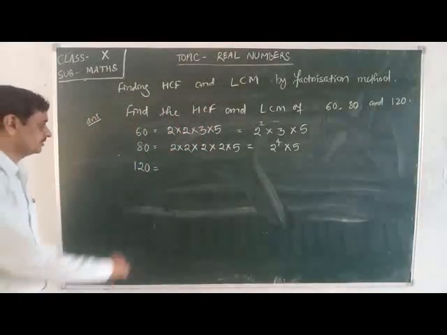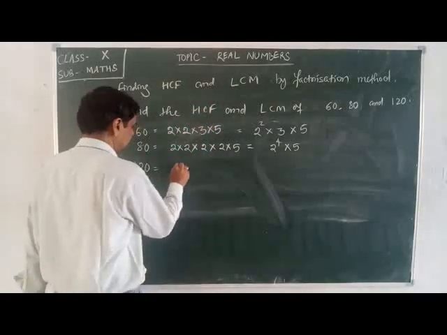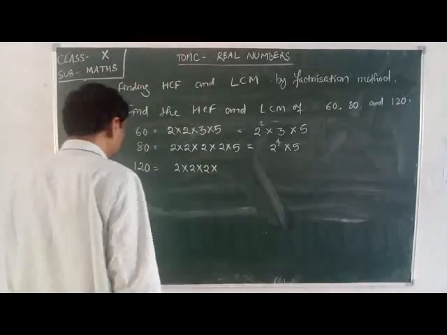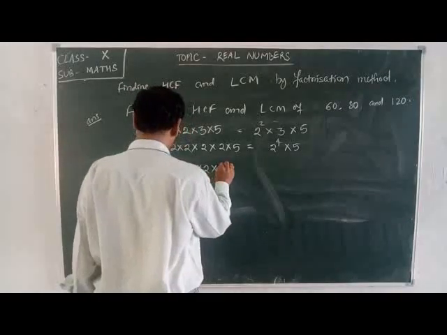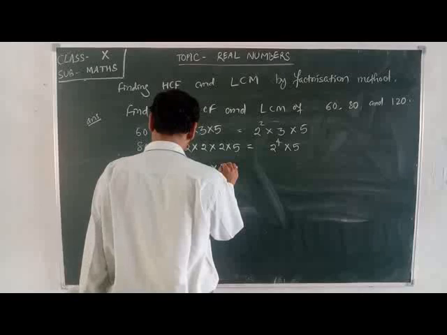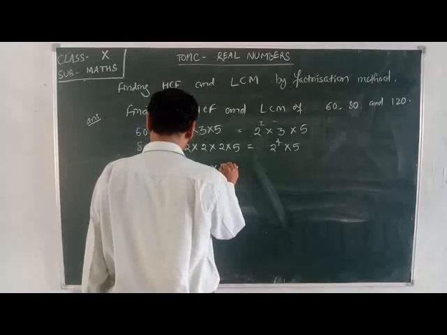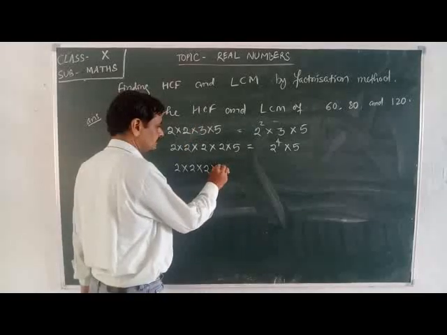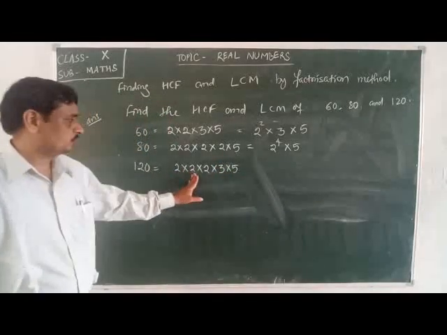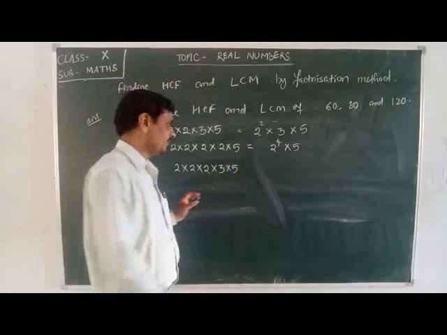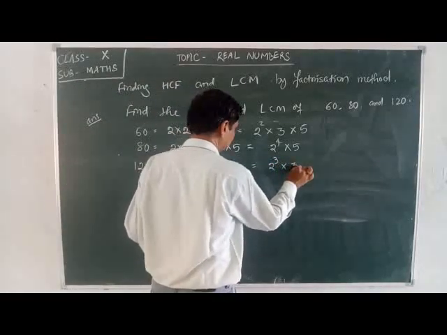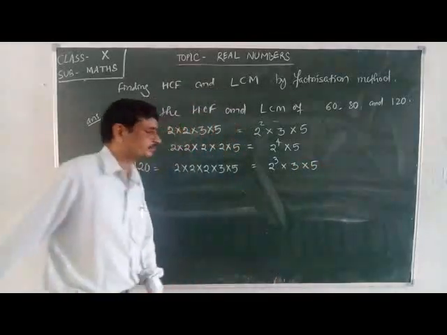Now 120. 2 into 2 into 2 into 3 into 5 becomes equal to 2 to the power 3 into 3 into 5.